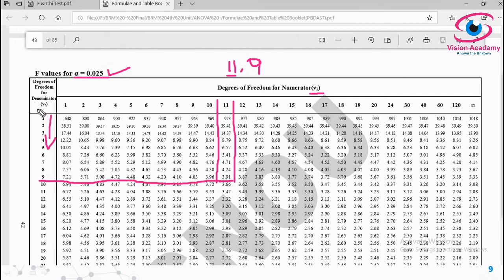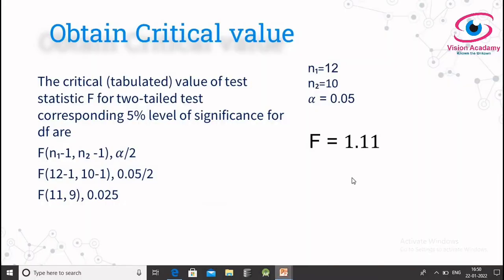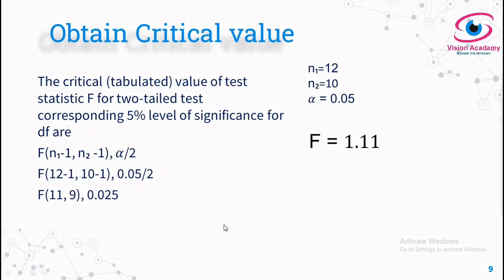V2 means n2, and V1 means n1. So in the row we have n1, in the column we have n2. So our table value for this particular degree of freedom at 0.025 alpha is 3.91. Now we have to compare our tested value with our critical value. Then we may come to a conclusion.